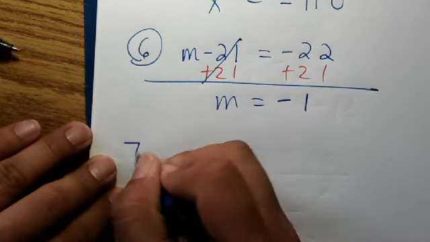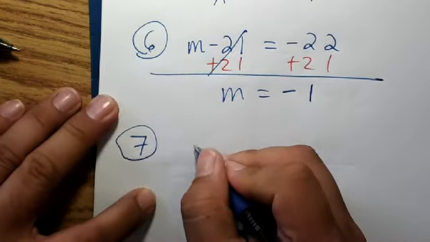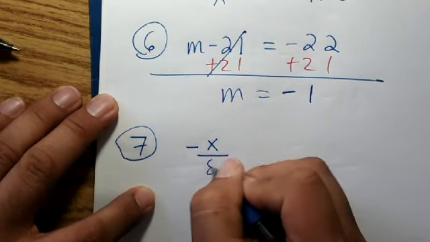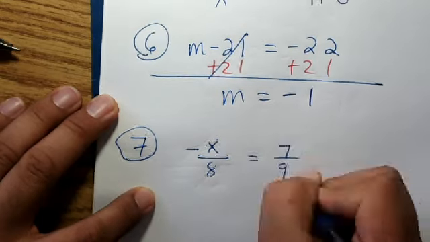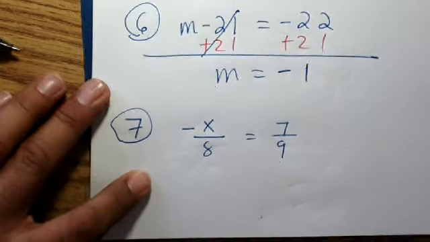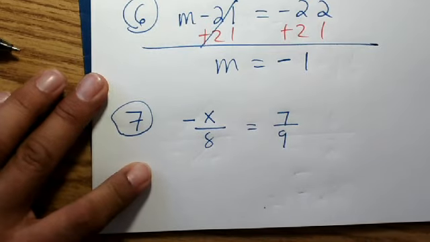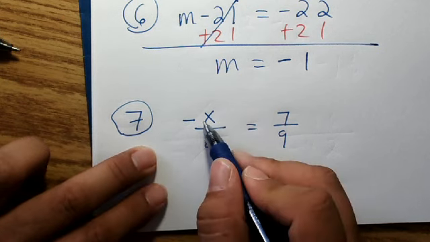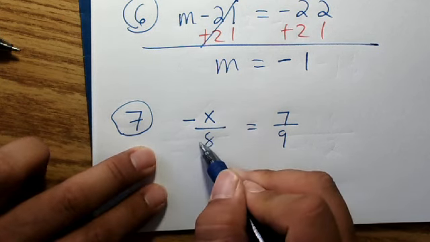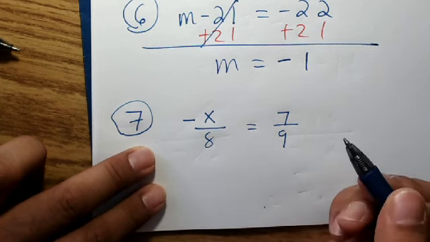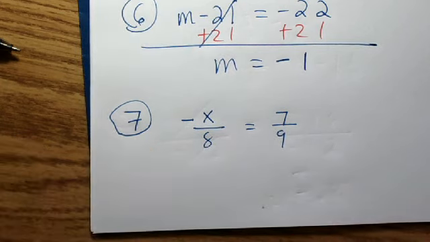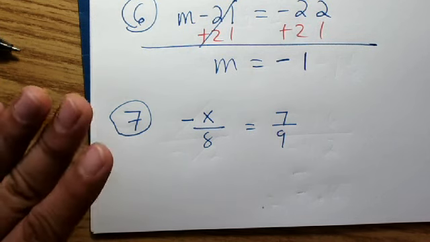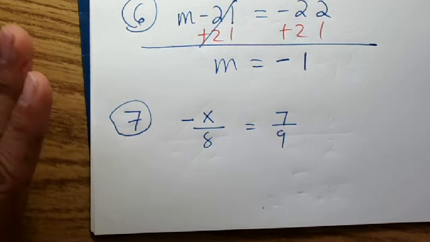Good. Number 7. Negative x over 8 equals 7 over 9. On this one, a lot of you like putting the negative down here, which is fine, and then multiplying it across. Some of you divide. There's plenty of roads to Cucamonga.